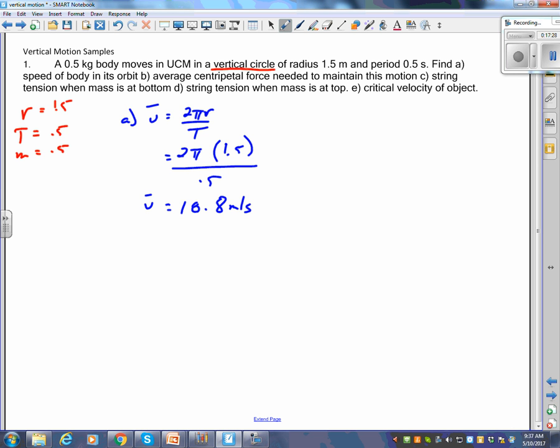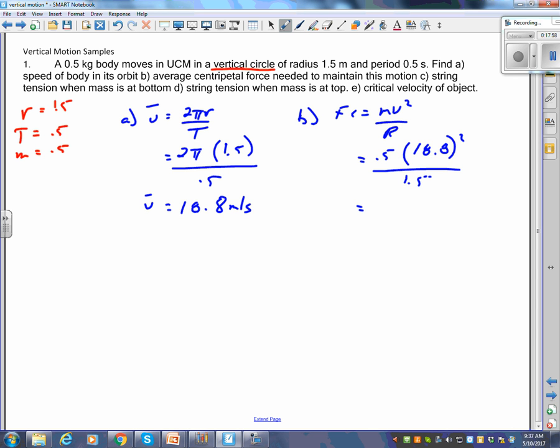All right. So now, what is the average centripetal force needed to maintain this motion? Centripetal force, or Fc, is equal to mv squared over r. And there again, I slipped into the capital R. The mass, 0.5. The velocity is this new number, 18.8 squared, all over the radius, 1.5.